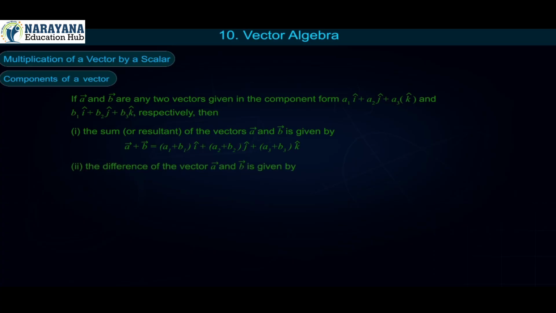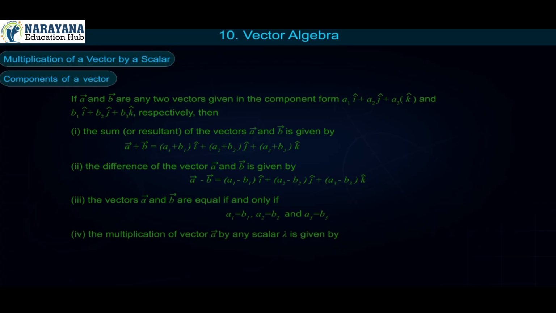Number 2, the difference of the vectors A and B is given by vector A minus vector B is equal to (A1 minus B1) i cap plus (A2 minus B2) j cap plus (A3 minus B3) k cap. Number 3, the vectors A and B are equal if and only if A1 is equal to B1, A2 is equal to B2 and A3 is equal to B3.